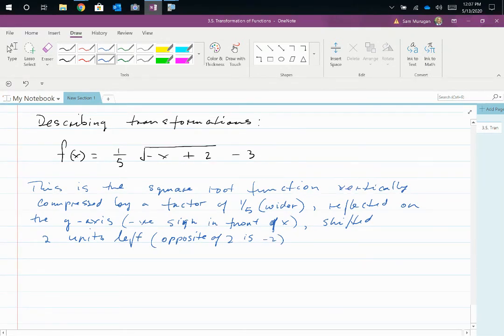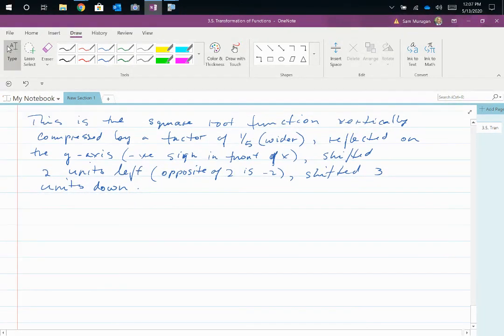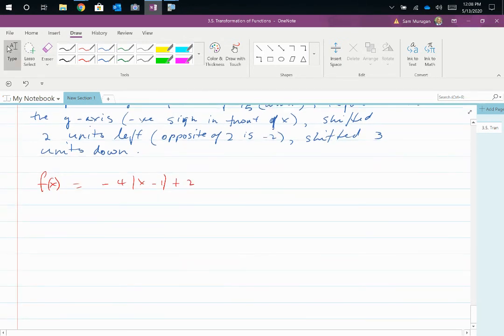And then shifted 3 units down. Okay, so that's a verbal description. Let me give you one more example, and then I'm going to do perhaps one or two problems from the homework. Everything from the homework is kind of covered here, so if you read carefully in the notes, you'll be able to do your homework without a problem.